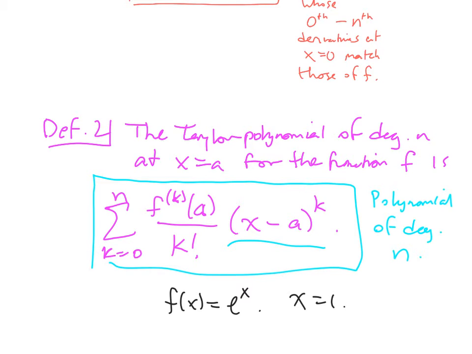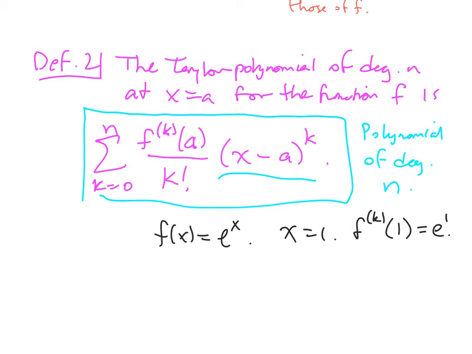And because we know all of the derivatives of this function are just going to be e to the x, all the derivatives at x equals 1 are just going to be e to the first power. So I could create a polynomial.